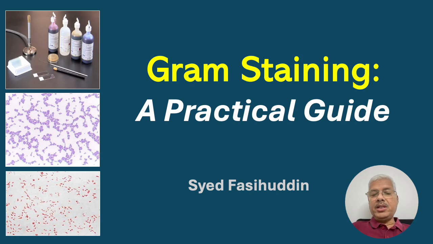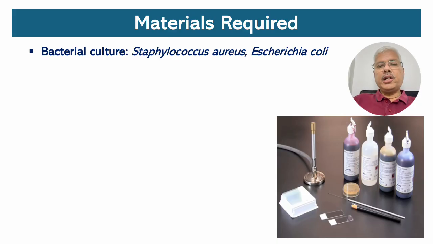By examining a sample of the infected tissue or fluid under the microscope after gram staining, one can identify the type of bacteria causing the infection and select the appropriate antibiotics. Gram staining is an essential tool in research laboratories, where it is used to study the structure, physiology, and behavior of the bacteria.